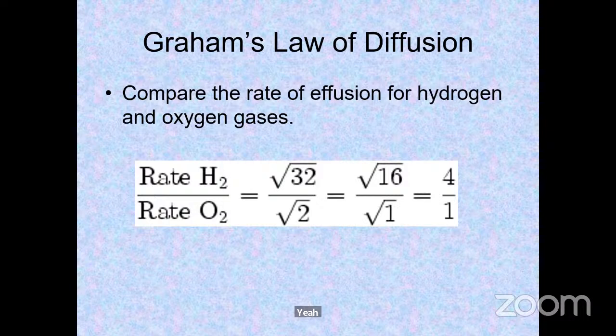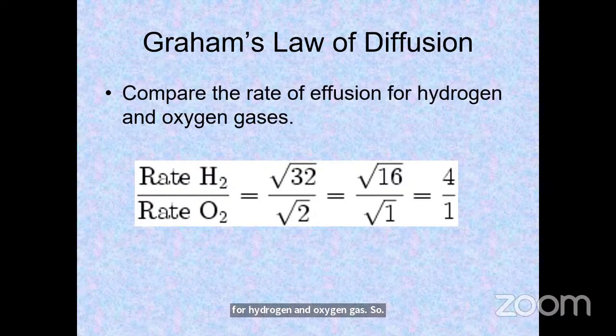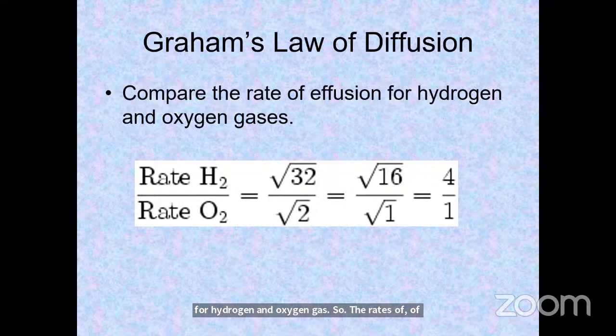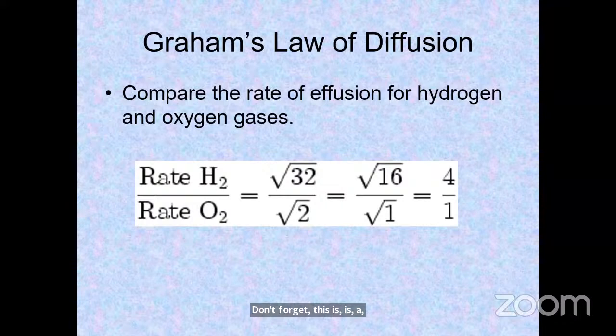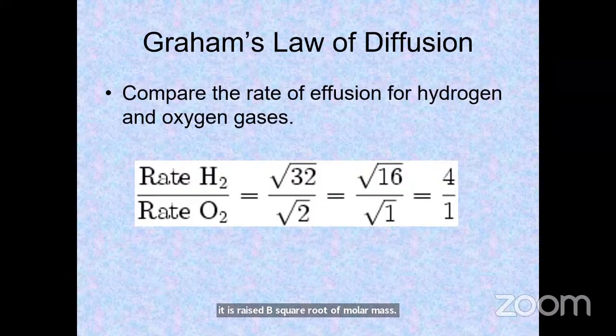So the rate of effusion of hydrogen divided by the rate of effusion of oxygen will be, don't forget, this one is an inverse relationship because it is rate, the square root of the molar mass of oxygen divided by the square root of the molar mass of hydrogen.